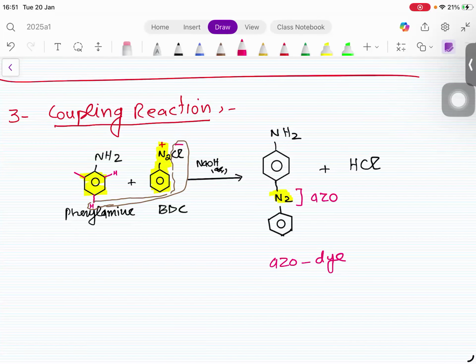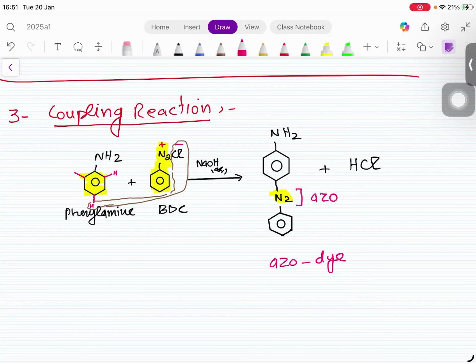So what I'm trying to say is, when phenylamine reacts with BDC in the presence of aqueous NaOH, they form another compound with a new functional group, an azo dye, along with HCl. But this reaction is actually a kind of electrophilic substitution reaction in which the BDC's electrophile, the benzene diazonium ion, comes and takes the place of hydrogen on the benzene ring of phenylamine.